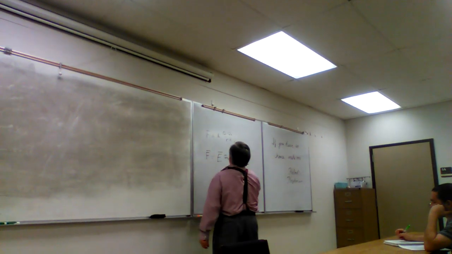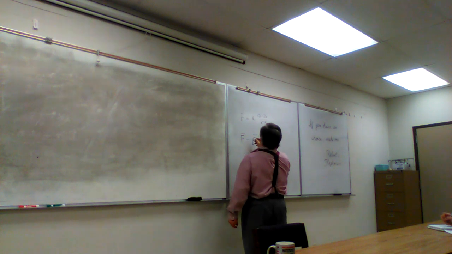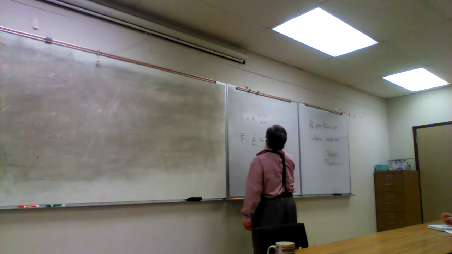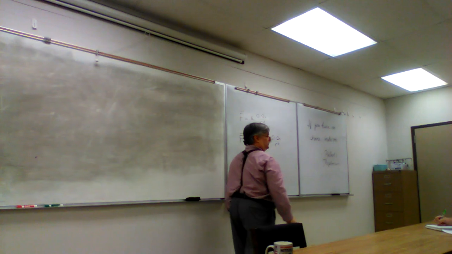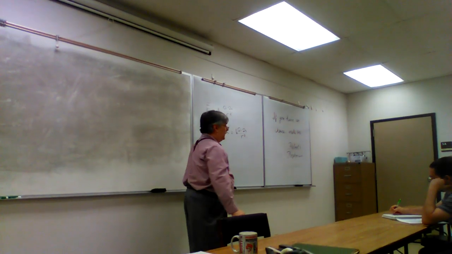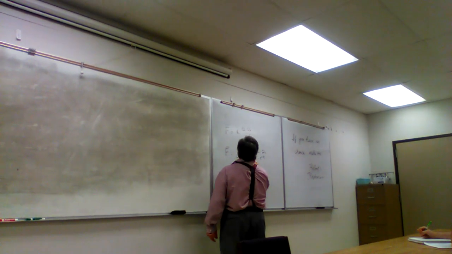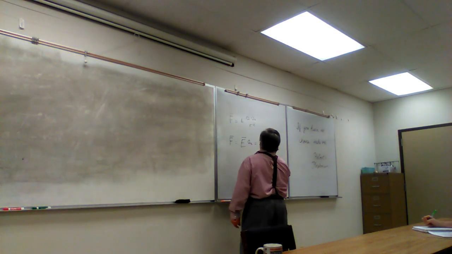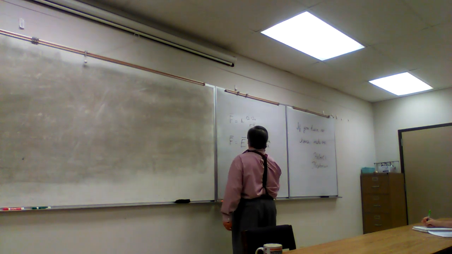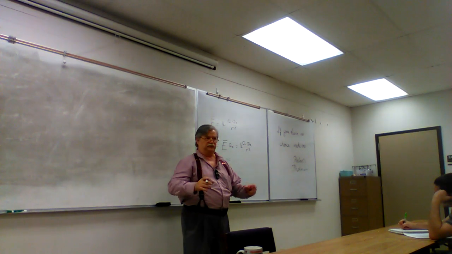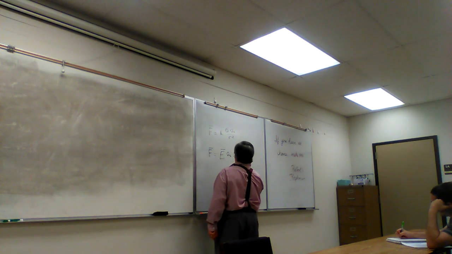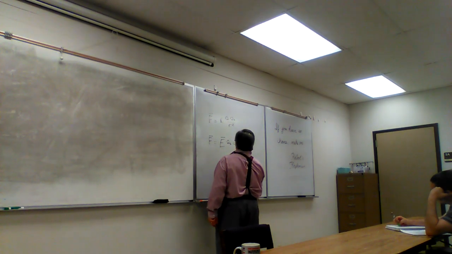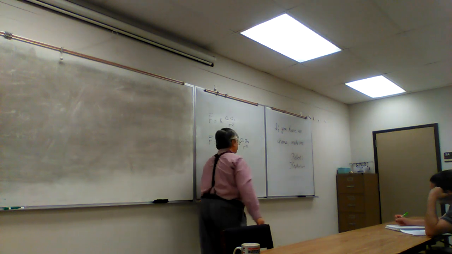Well, we know from this expression here that this force is equal to K Q1 Q2 divided by R squared. If we divide both sides of this equation by Q2, we're left with the expression of the electric field produced by charge 1 as K Q1 over R squared.